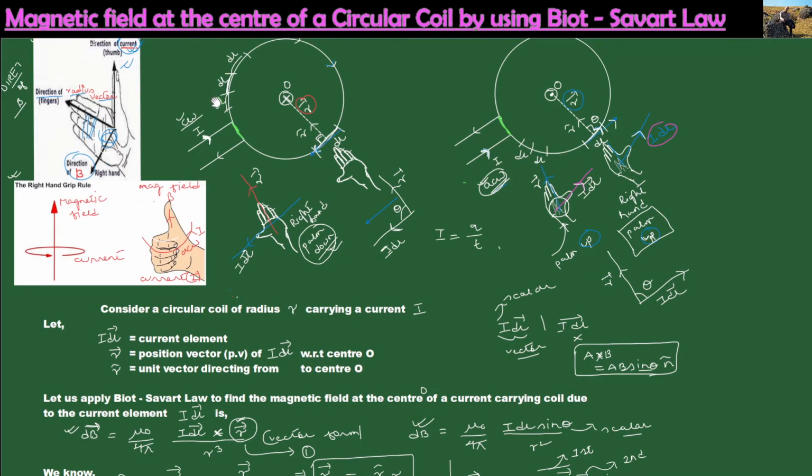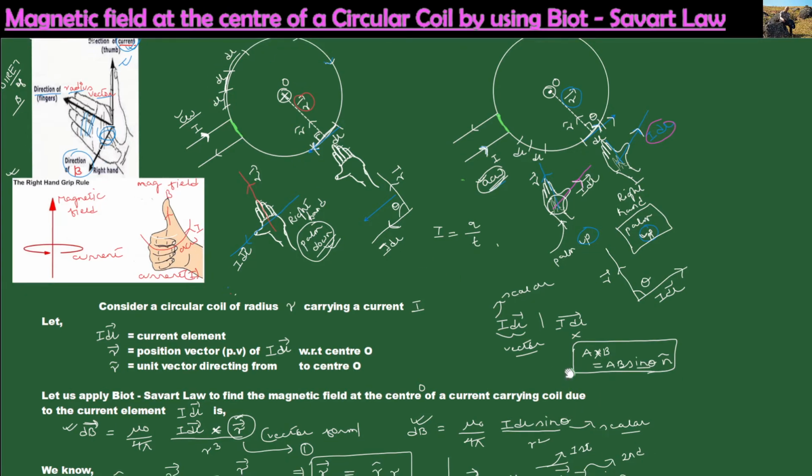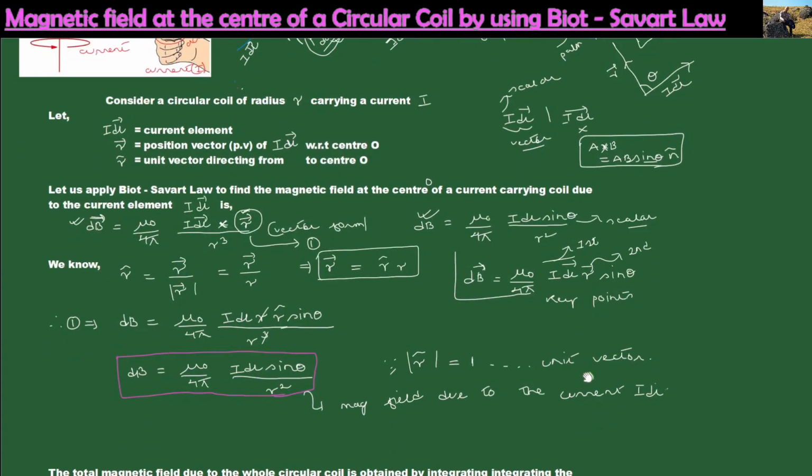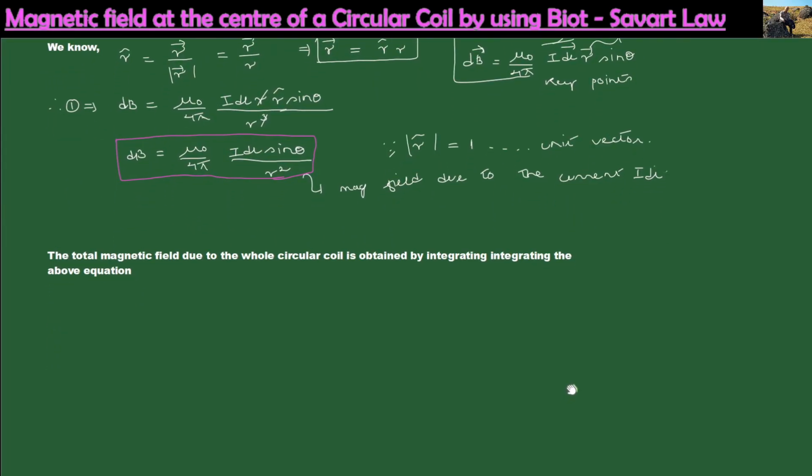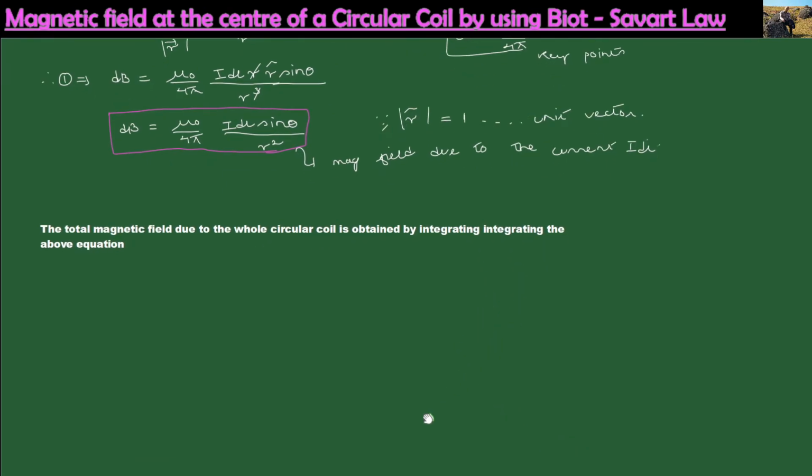But over here we have many elements. So in order to find the magnetic field due to all those elements, what do we have to do? We have to integrate over the equation. Let us put this as equation 2.